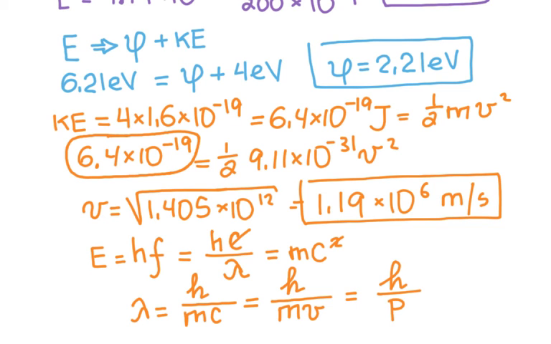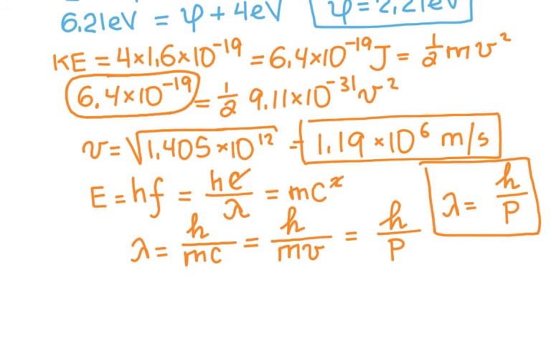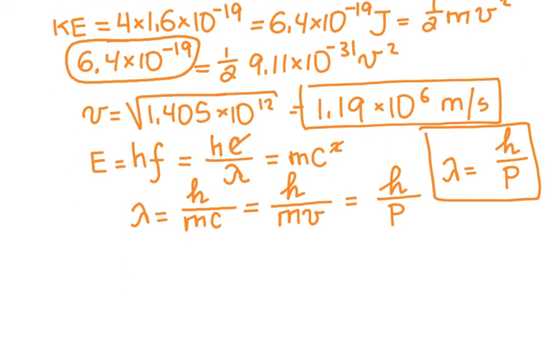So for the de Broglie wavelength, we use the formula where lambda, the wavelength, is equal to Planck's constant divided by the momentum of those electrons. Because we found the velocity of the electrons, we can use it to find the wavelength. I'm not plugging Planck's constant in electron volts, I'm plugging it in meters squared kilogram per second.